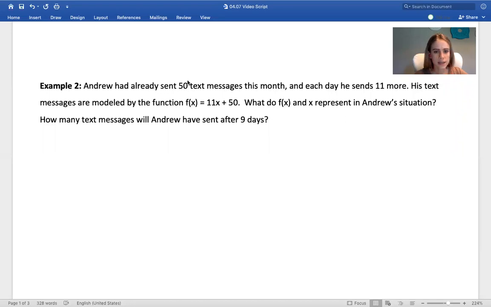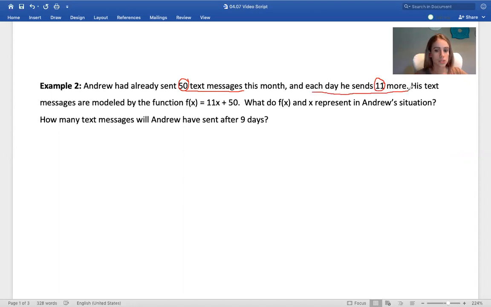Andrew had already sent 50 text messages this month. And then each day he sends 11 more. So every day 11 more are sent.